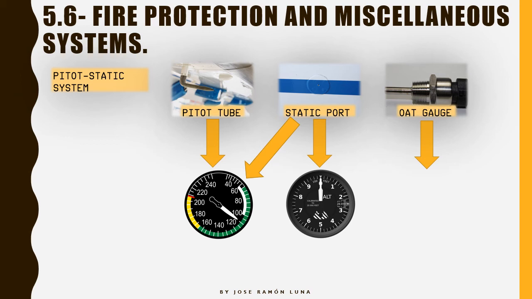As you might remember from your ground school, with increasing altitude comes decreasing pressure. So if we make this system able to sense the decrease in pressure, we can get the increase in altitude. That's how the system works.